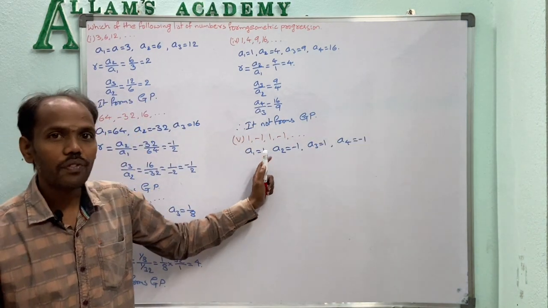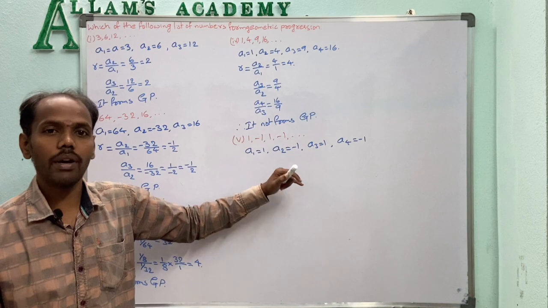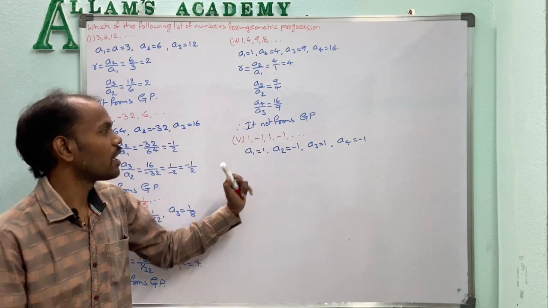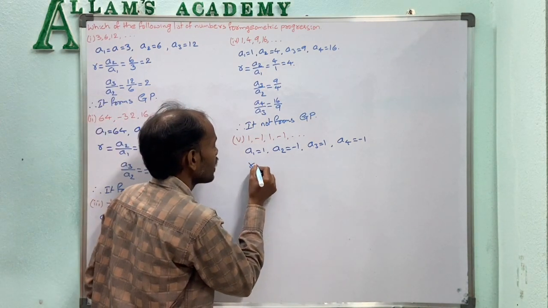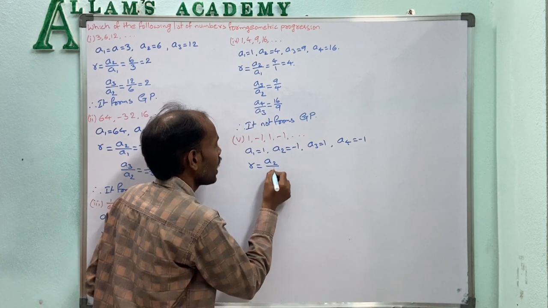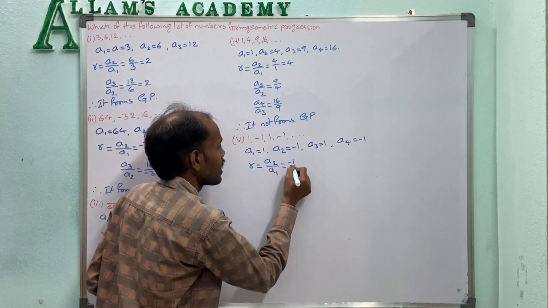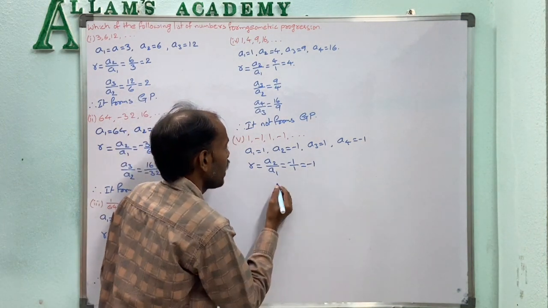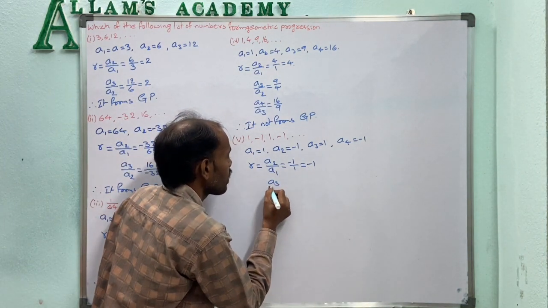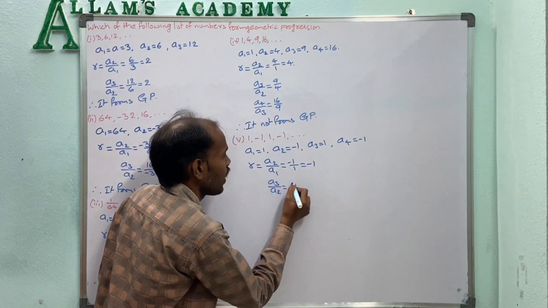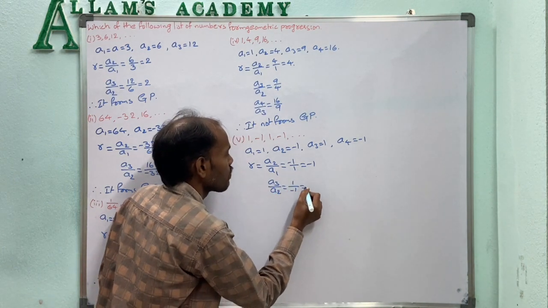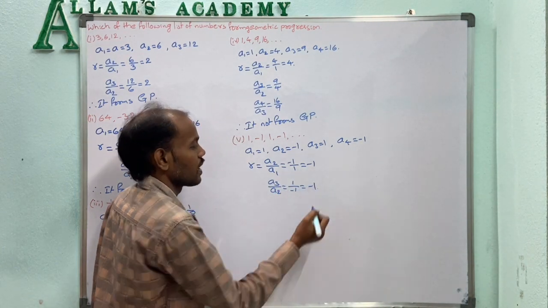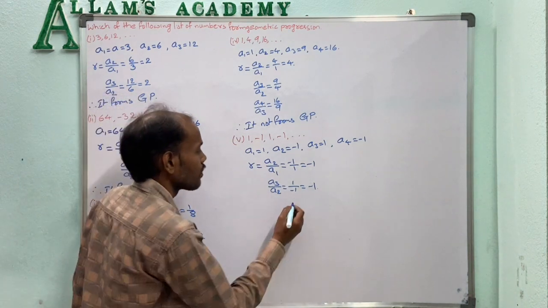Now here we find whether it is a geometric progression or not. The common ratio r is equal to a2 by a1, that is minus 1 by 1, which is nothing but minus 1. Next, for the terms a3 by a2, the ratio is 1 by minus 1, which is nothing but minus 1.